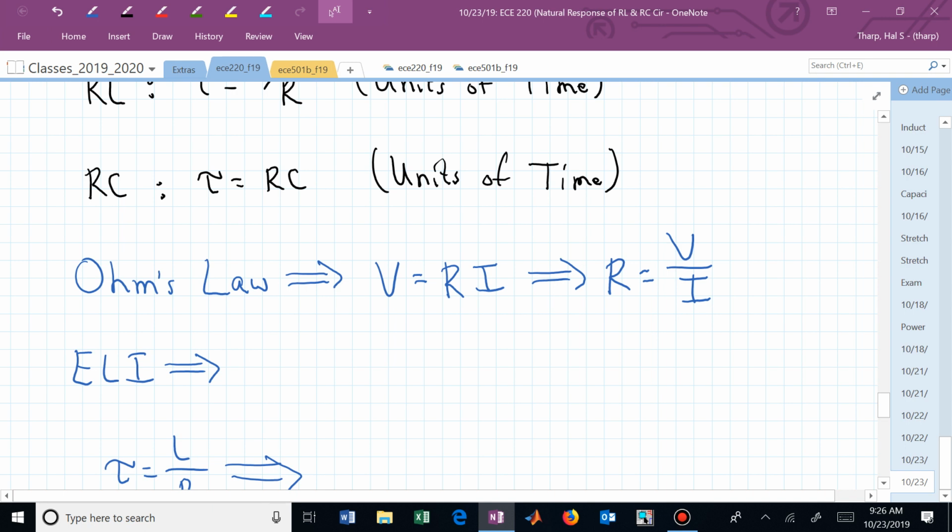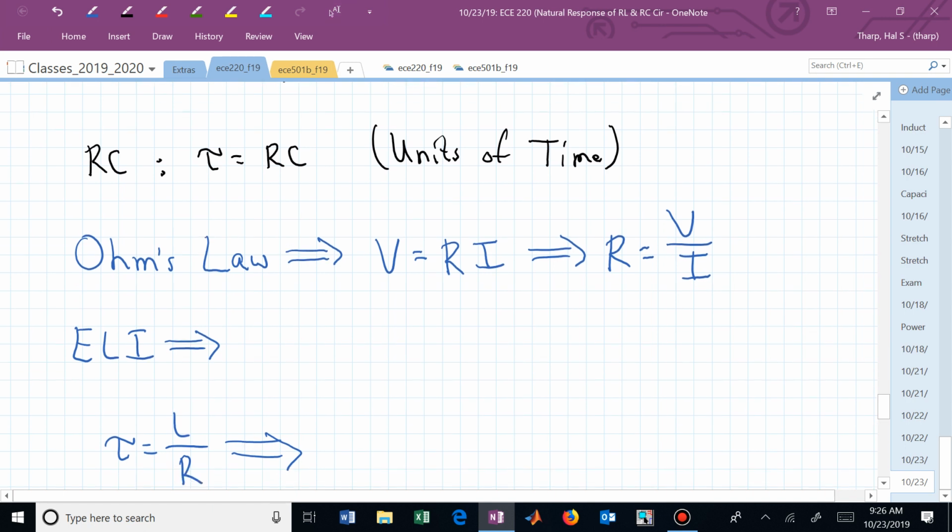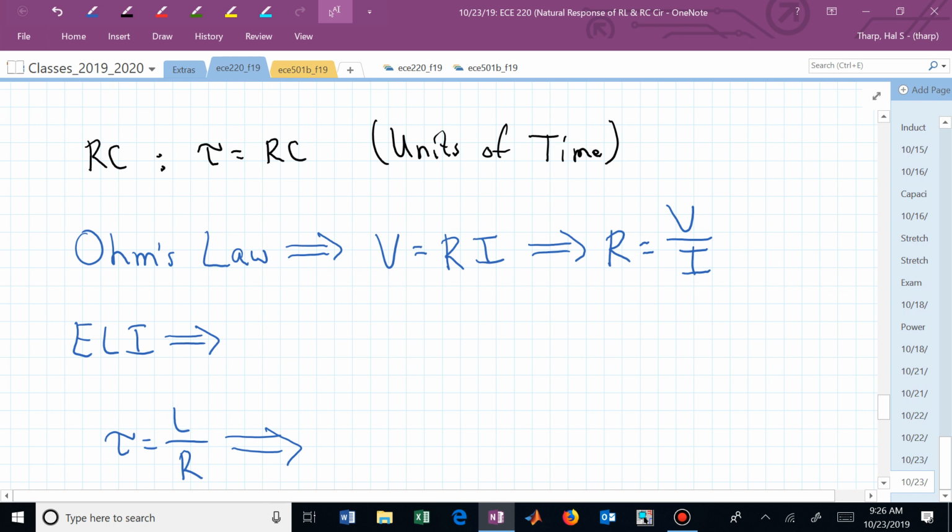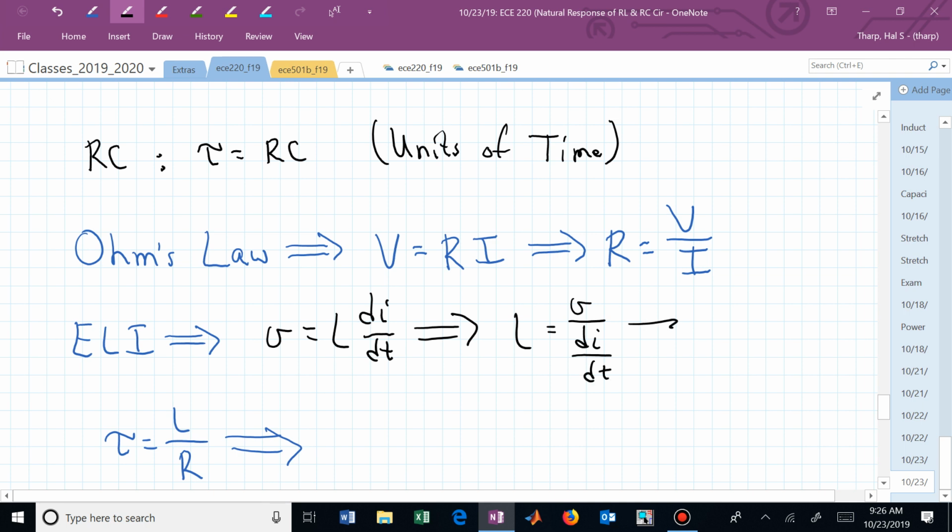That's volts over current, V over I, if we solve for R. ELI tells us now that we have V is equal to L di dt. Or if we solve now for L, that now says that we have V over di dt, and in unit terms, this is volts over I over, let's just say, seconds for our dt.